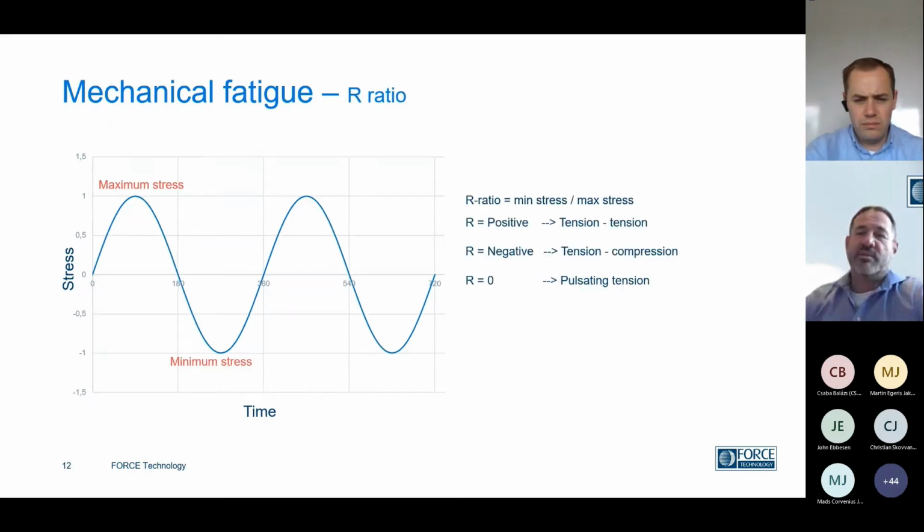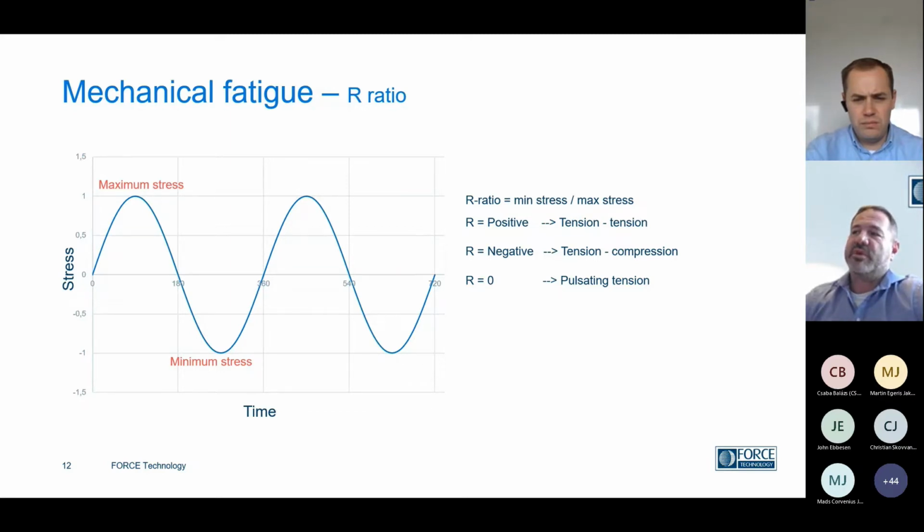Then the next thing that's important is something called an R ratio, and the R ratio is your minimum stress divided by your maximum stress. I'm assuming everyone knows the terminology tension compression.